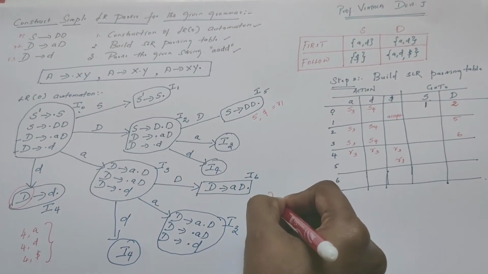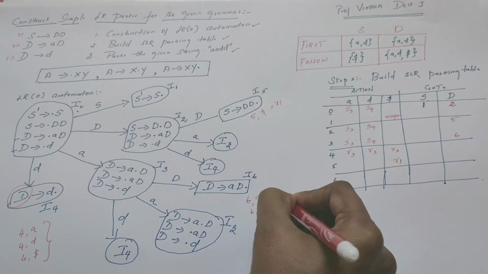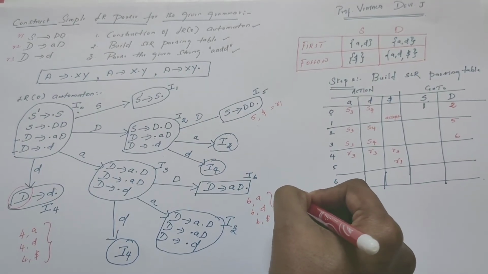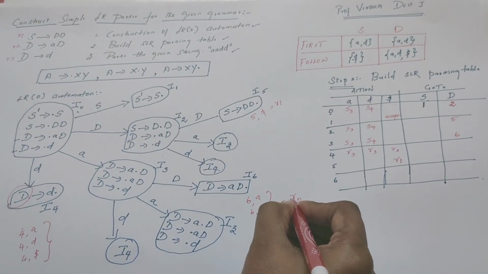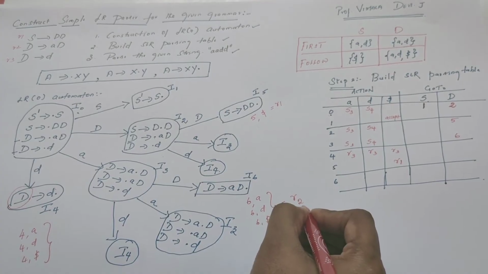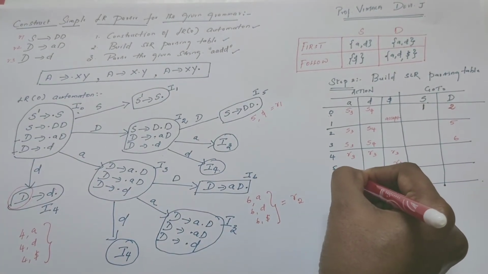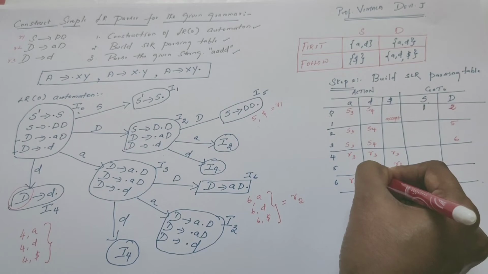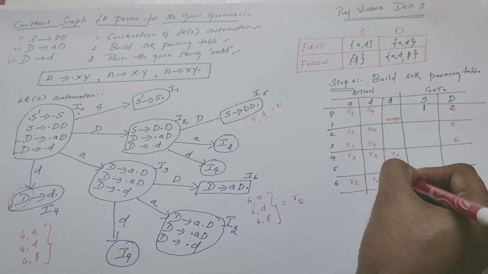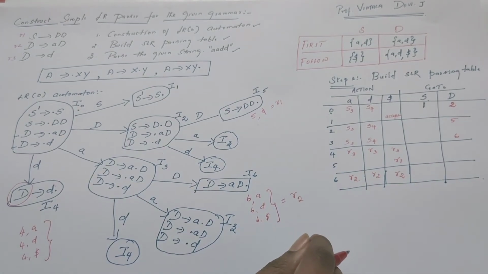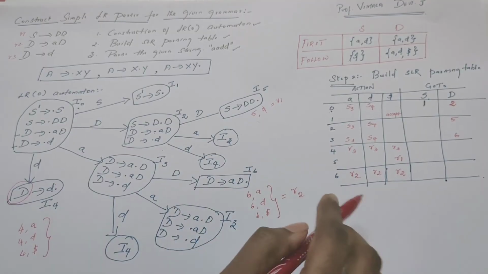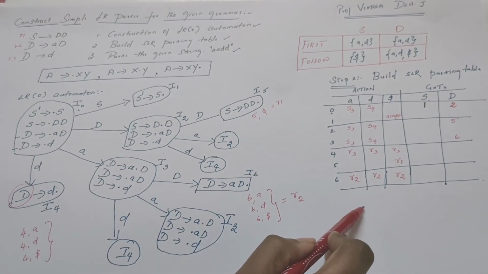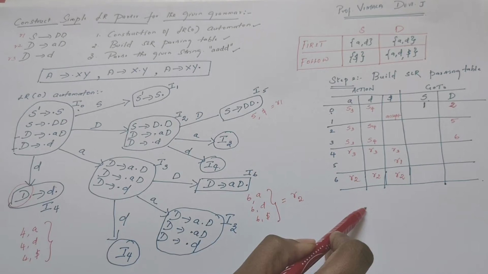Against all these cell addresses, I have to enter rule number 2. R stands for reduce action, 2 stands for the rule number. So 6 comma A, 6 comma D, 6 comma dollar, we have entered the value R2. Right? So this is the way we have to build the parsing table. I hope you have understood this.